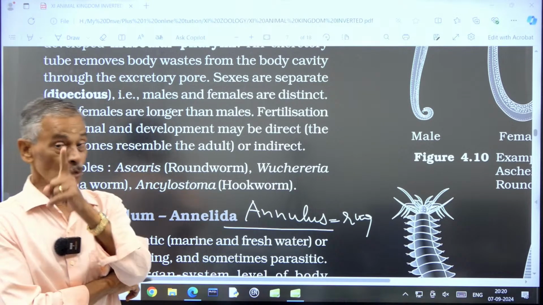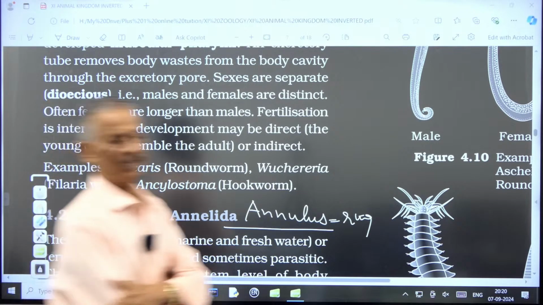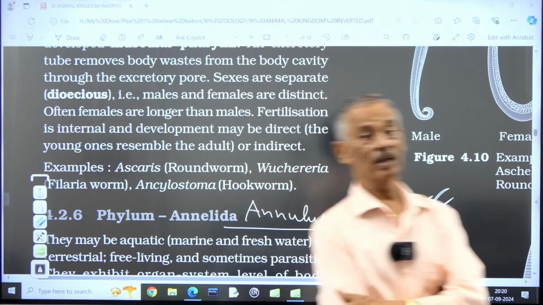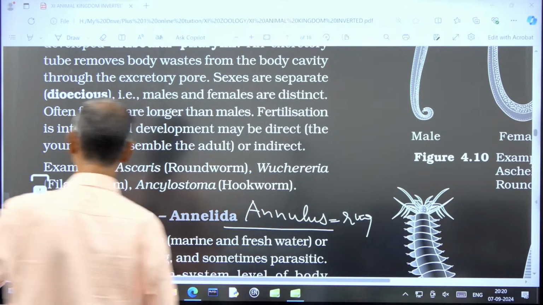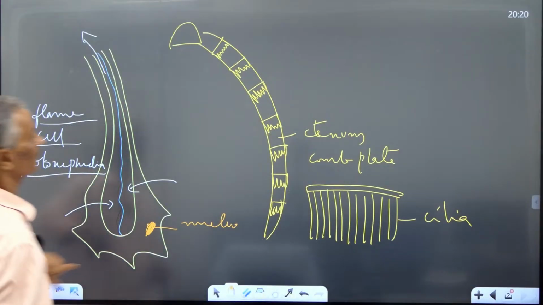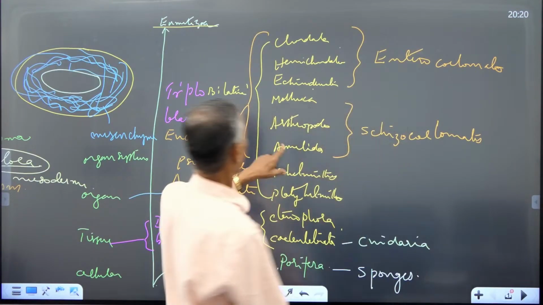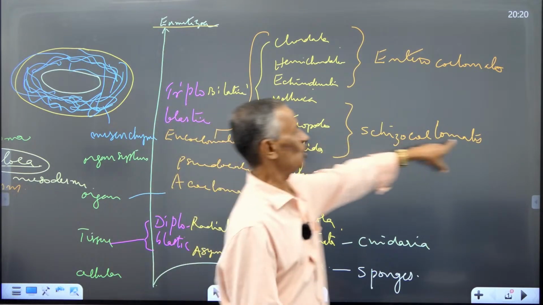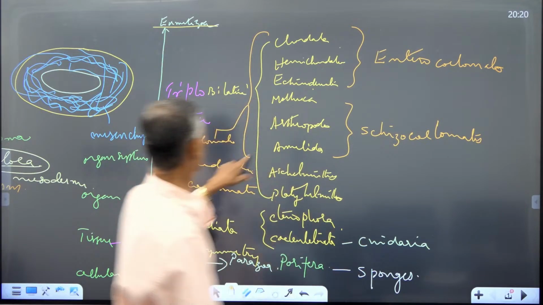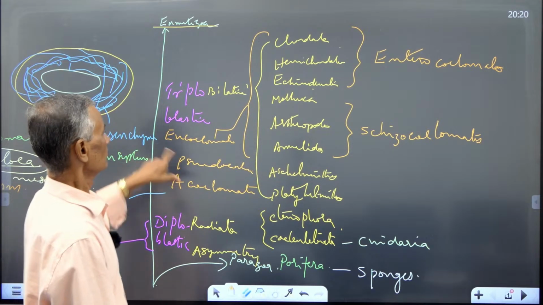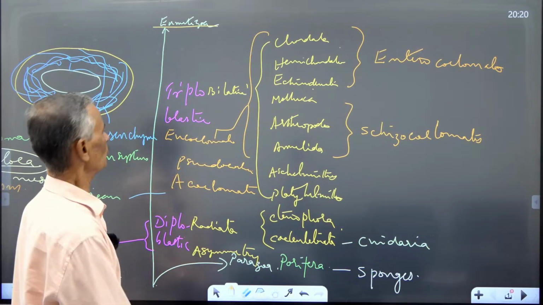And true coelom is starting from Annelida. Remember, Annelida, Arthropoda and Mollusca are what type of coelomates? Schizocoelomates. They are having a coelom which is originating by splitting of mesoderm.